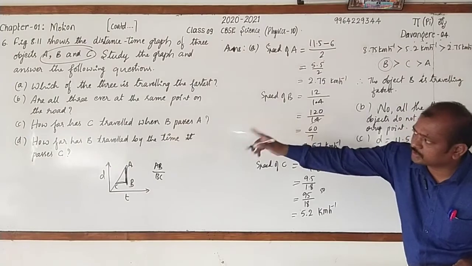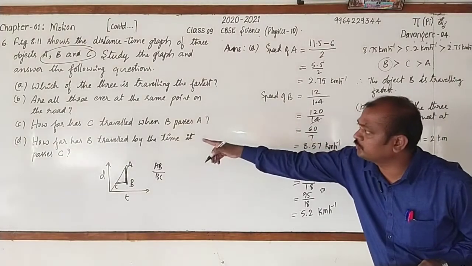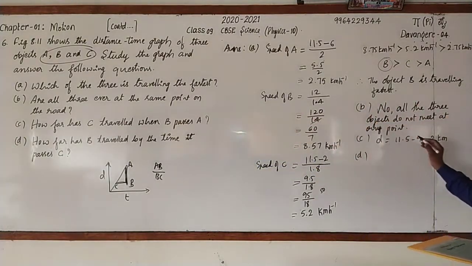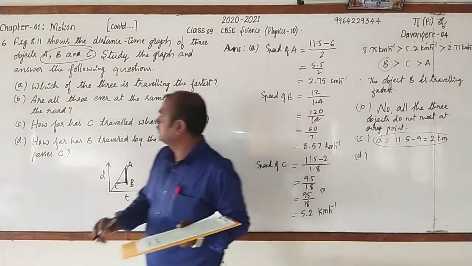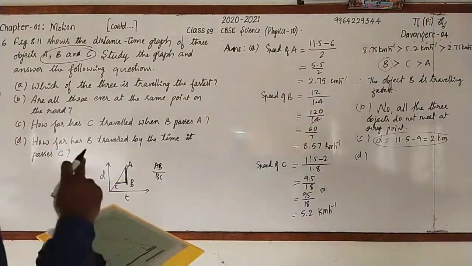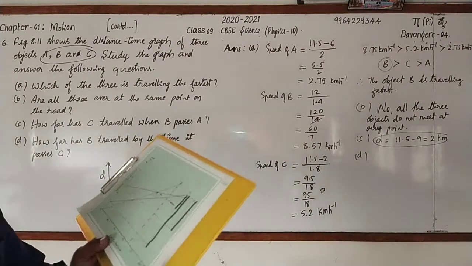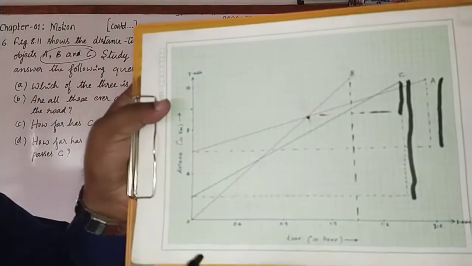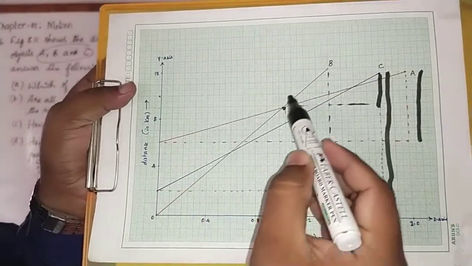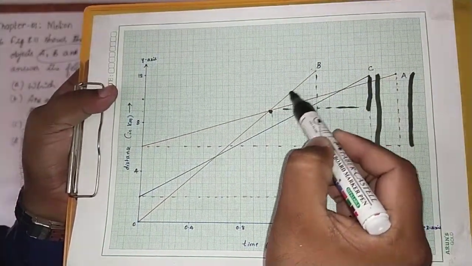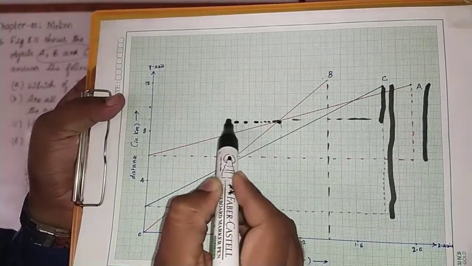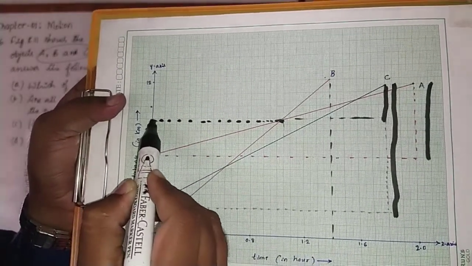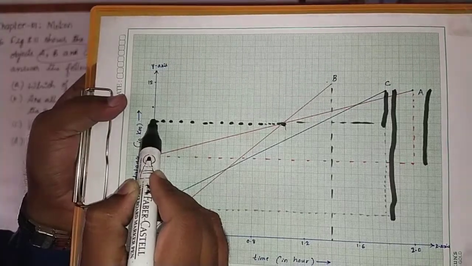Once we go through that C1, how far C has travelled when B passes A, I'll tell you the actual answer now. Look here. This is when B passes A. This is the point. You can see that it will intersect at 8.8.